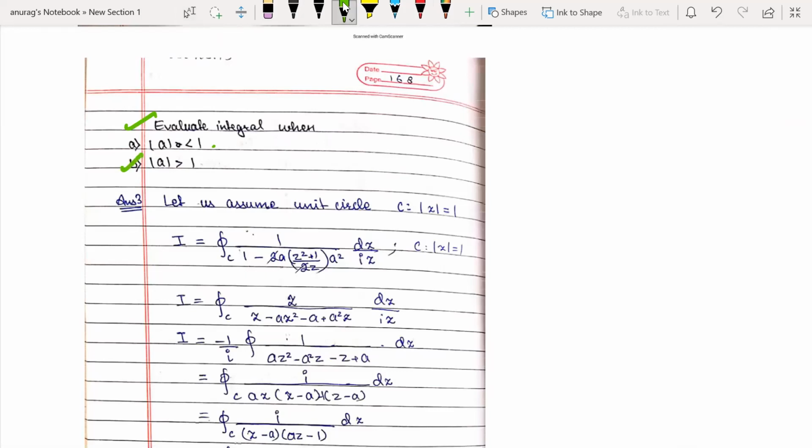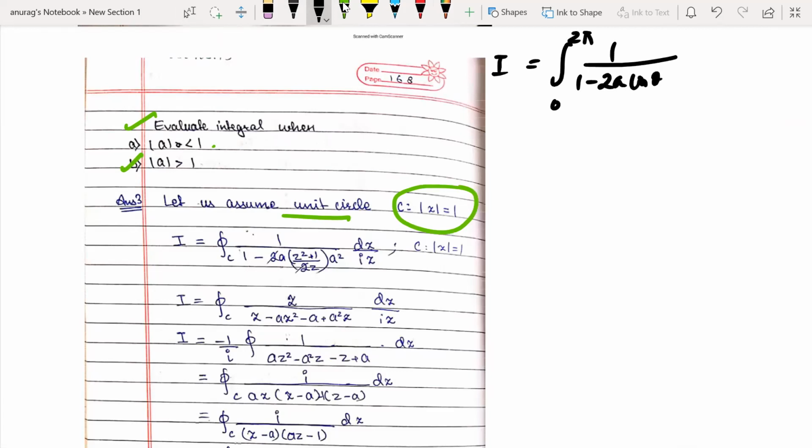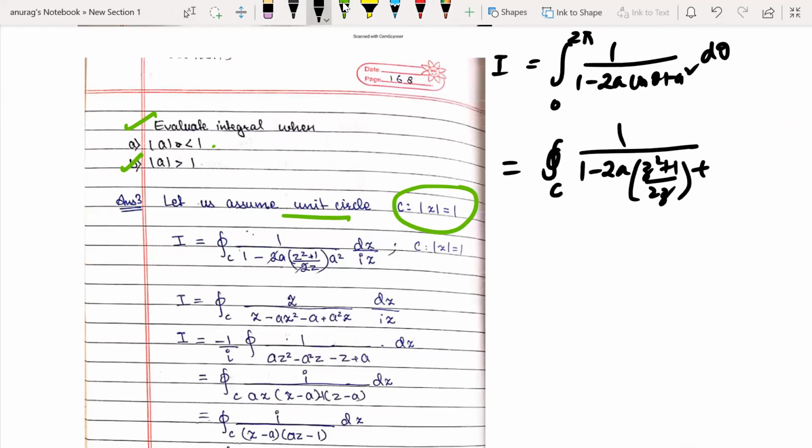Okay. So let's assume the unit circle mod z equal to 1. And the integration, remember, is actually 0 to 2 pi 1 upon 1 minus 2a cos theta plus a square d theta. Put the values, change to the complex plane: 2 cos theta is z square plus 1 upon z, so 1 upon 1 minus a(z square plus 1)/z plus a square, and d theta is dz over iz.